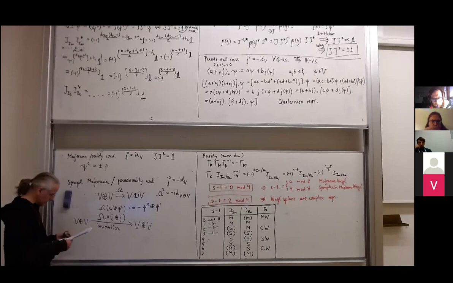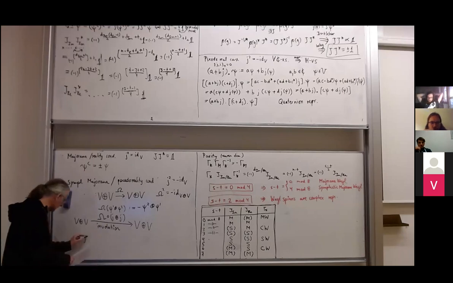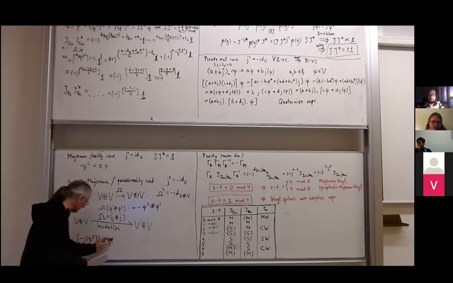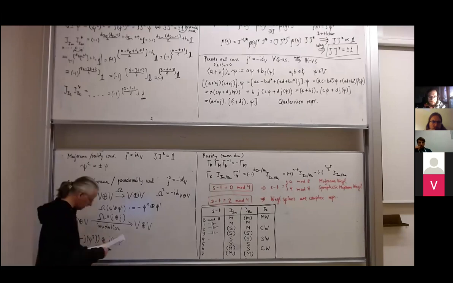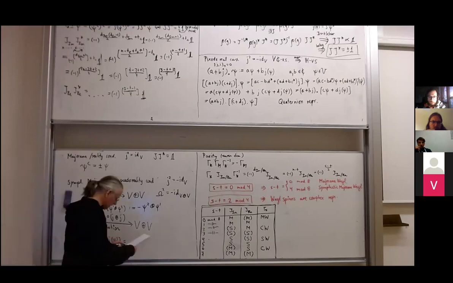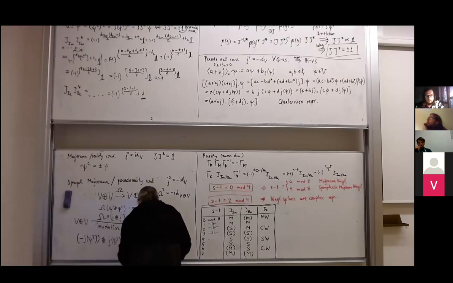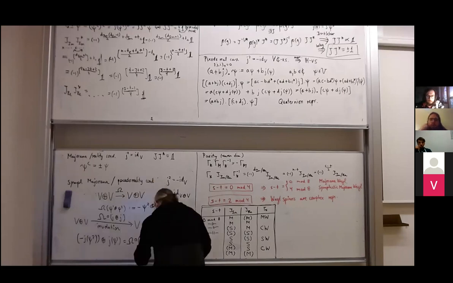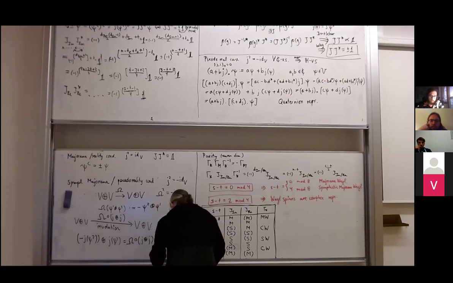So the symplectic Majorana condition becomes that minus J on psi 2 plus J of psi 1, which is the same as omega composed with J plus J acting on psi 1 plus psi 2.